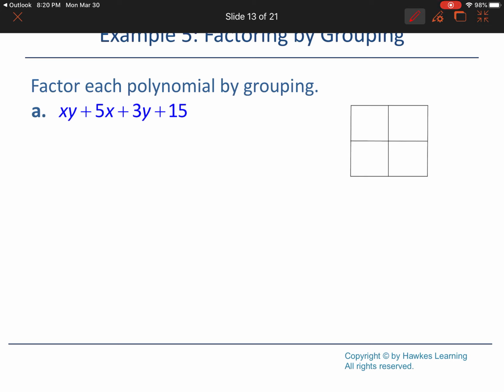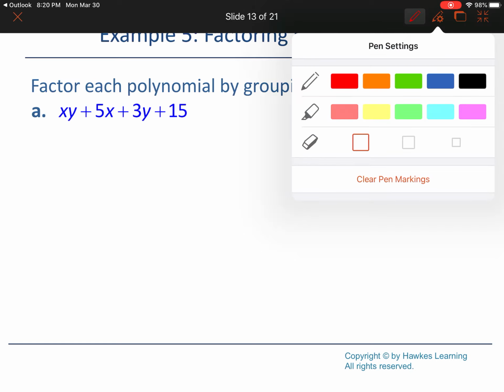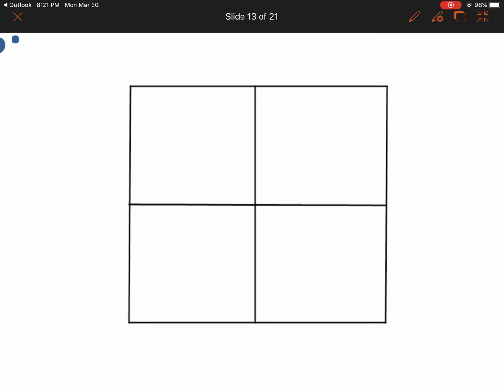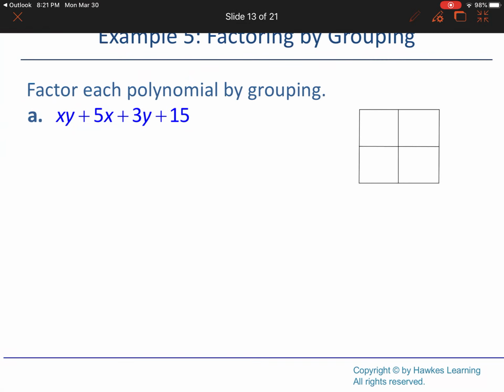Okay, so remember that when we multiplied with the box, we had terms up here and terms over here, and we multiplied these together, and we got this, right? And then we could add them up, add like terms, but we took the factors and we got the answer. Well, factoring now is unmultiplying, right? So what we have here is the answer.